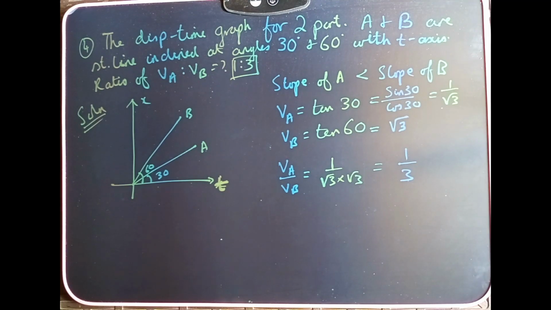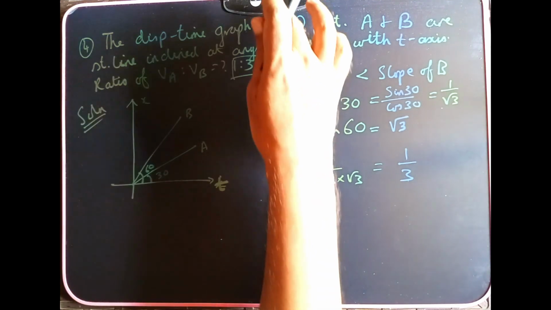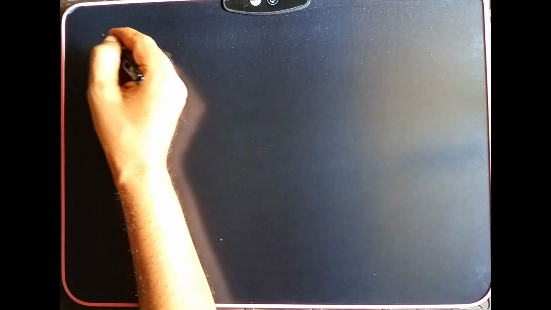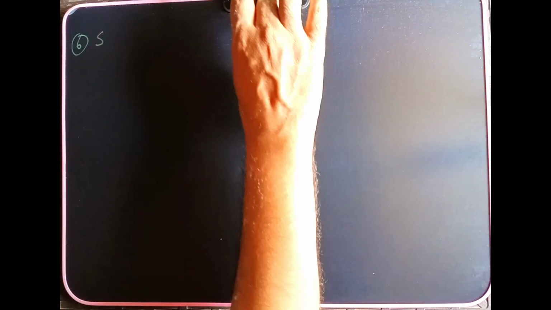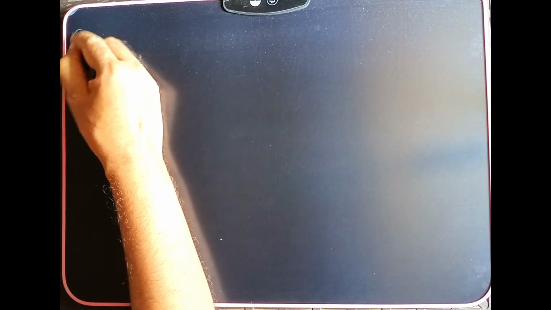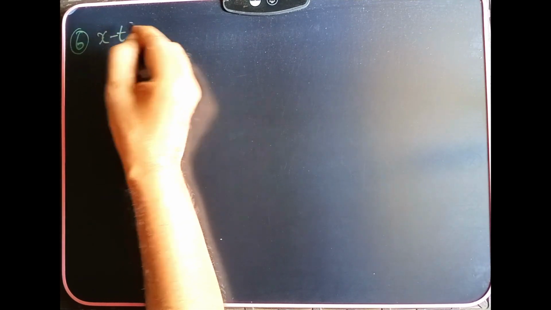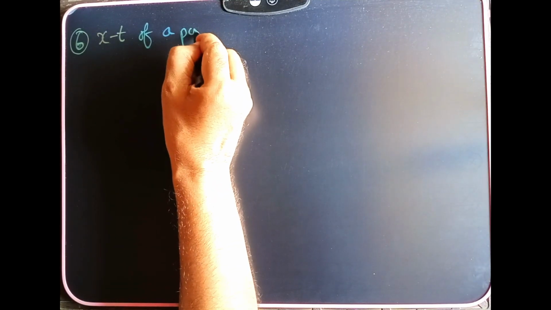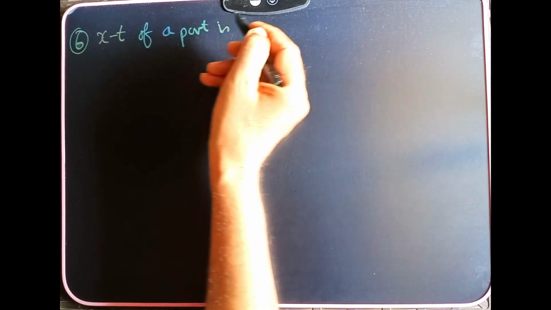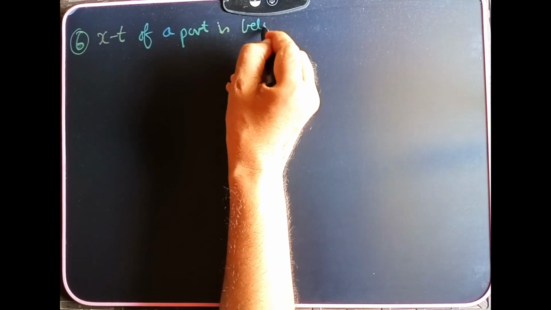Let us solve one more problem. Sixth problem. The displacement-time graph of a particle is below.